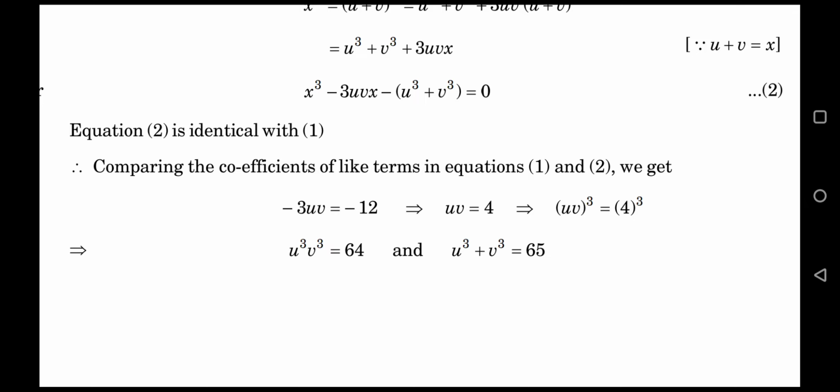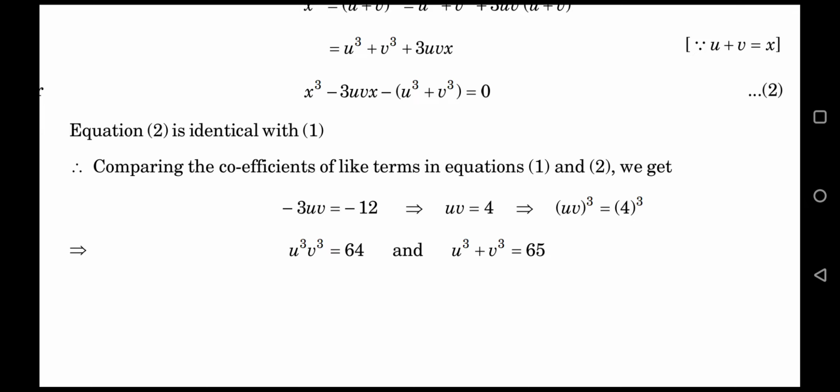Now obviously we can observe that the roots u cube and v cube are perfect cubes. So the value of t is a perfect cube, that is 1 or 8 or 27 or 64, etc. Here we can find the value of t. Now factorize this, 64 and 1, then t minus 64 and t minus 1 are the factors.